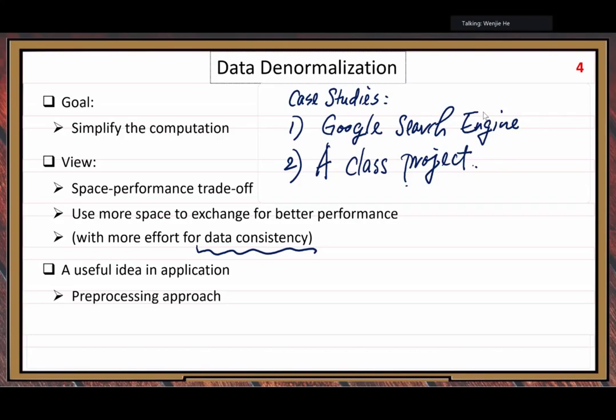All right, so in these 2 case studies, we use a special method called the pre-processing approach. So mainly I want to explain this pre-processing idea. What's the meaning of pre-processing? From the word, you can guess.